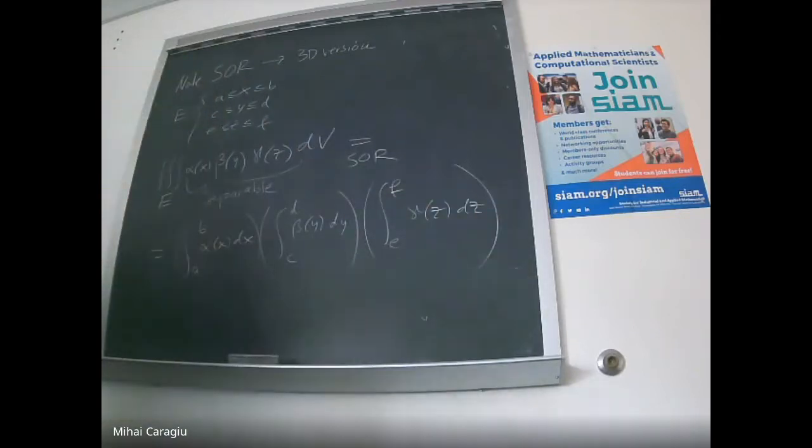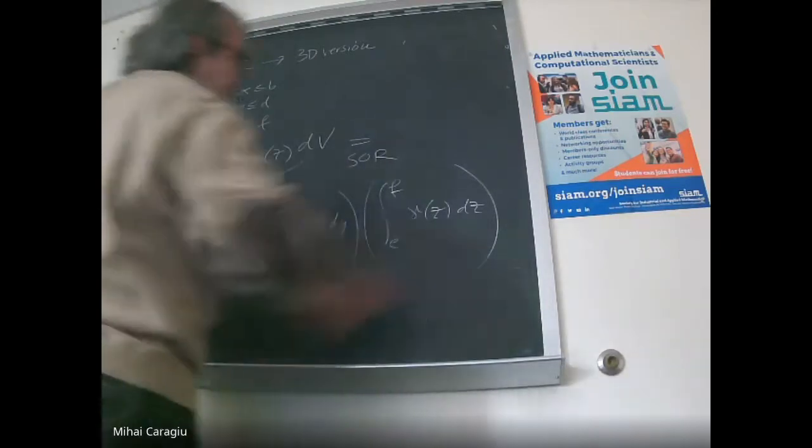So in case we integrate a separable function over a box in 3D, it immediately splits into a product of three simple integrals as in calculus 1. Right?